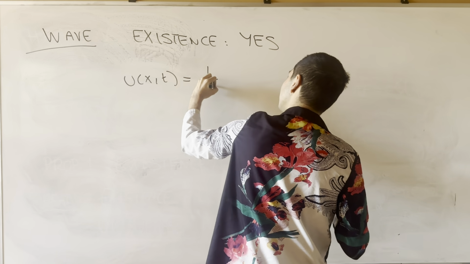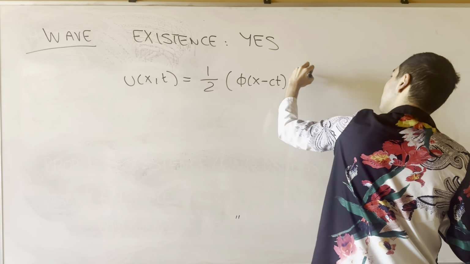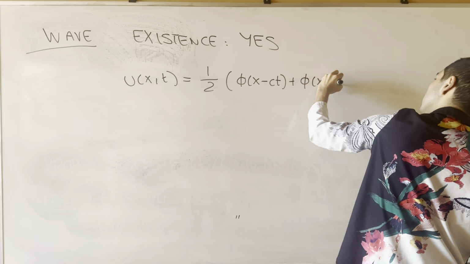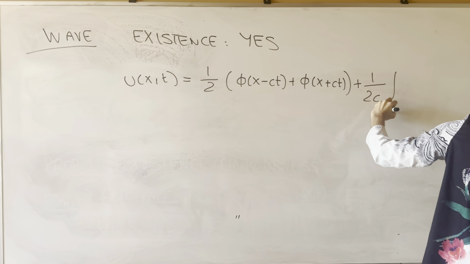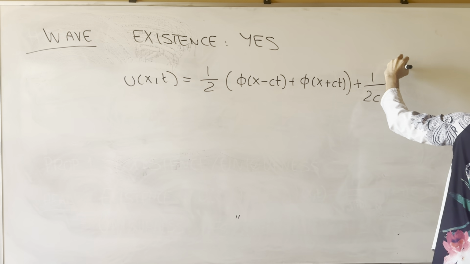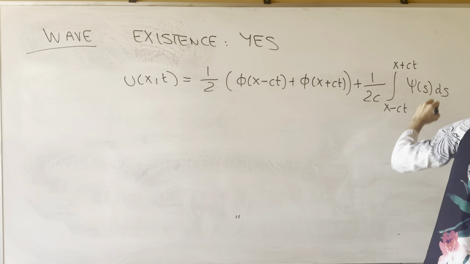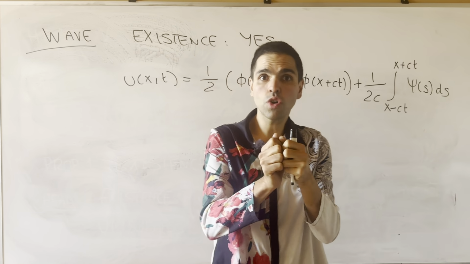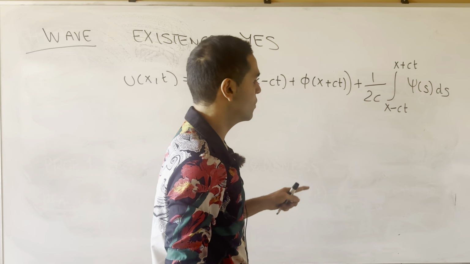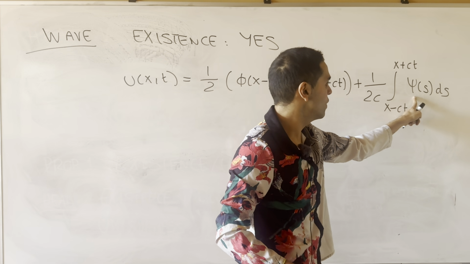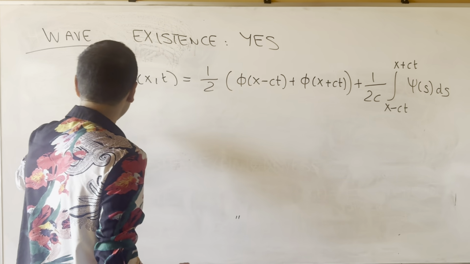So u(x,t) is 1/2 [phi(x minus ct) plus phi(x plus ct)] plus 1 over 2c integral from x minus ct to x plus ct of psi(s) ds. In other words, the initial position splits into two, one going to the left, one going to the right, and the initial velocity has a bigger and bigger effect on the solution.